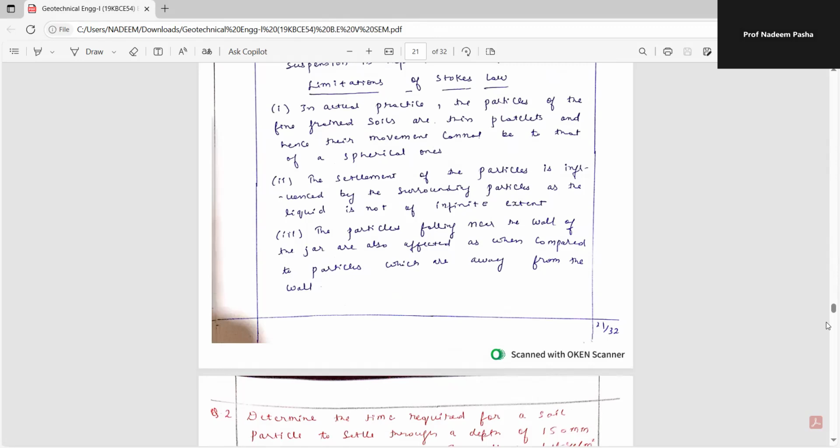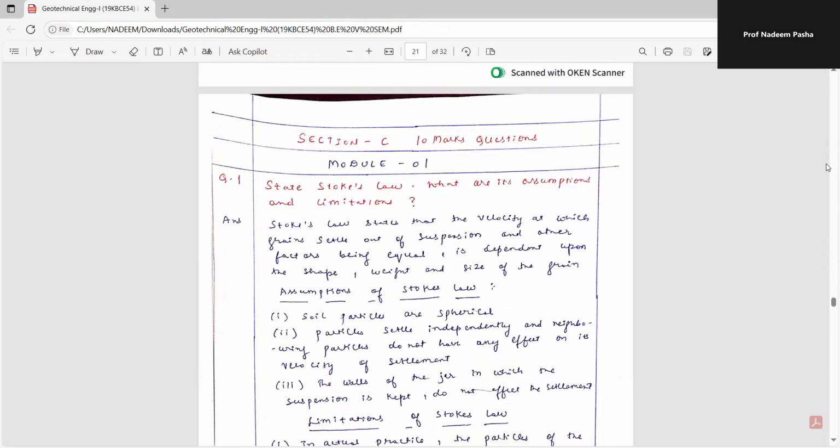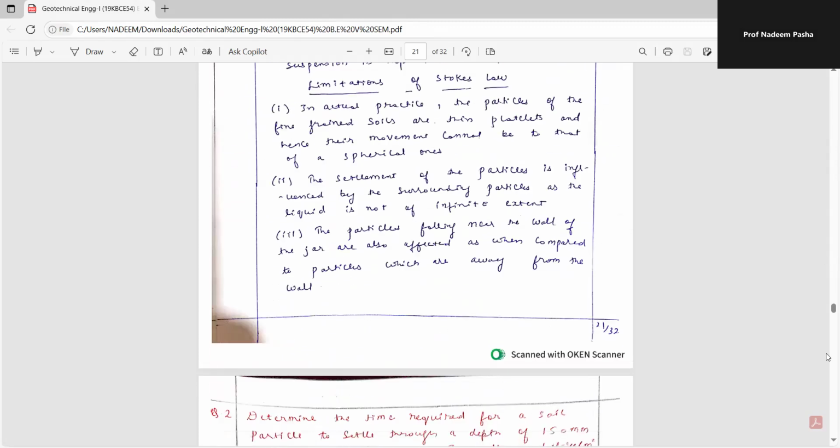The particles falling near the wall of the jar are also affected as compared to particles away from the wall. In the assumptions, we assume that the walls of the jar do not affect the settlement, but particles falling near the wall are affected when compared to particles away from the wall.